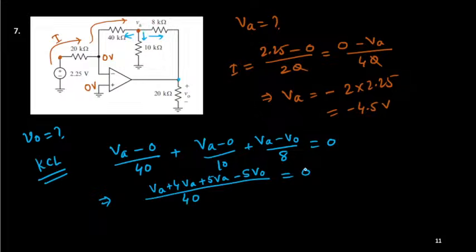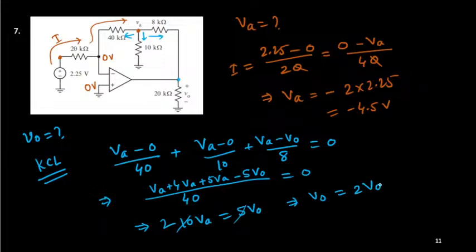Am I correct? That implies that 10 VA equals 5 V naught. So 2 I can cancel out. So what is the V naught? V naught is 2 VA. Is it okay?